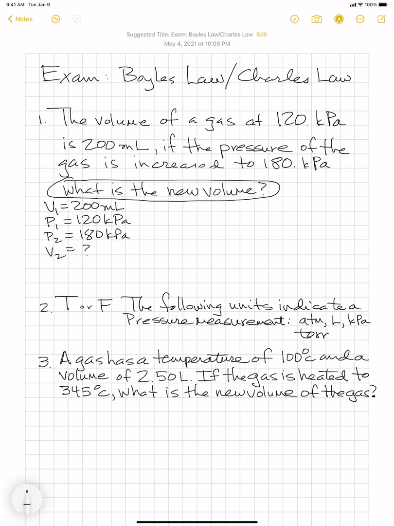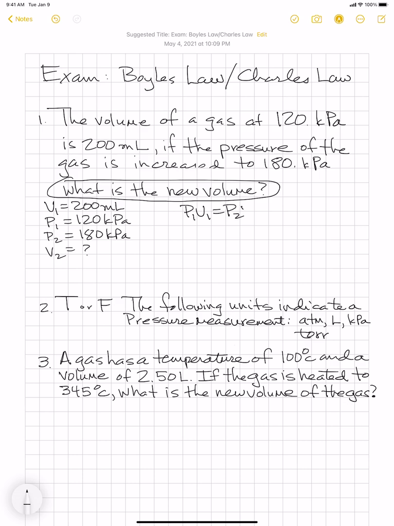Okay, so probably if you made a mistake on this one, it was by not putting the information in the correct place. What I mean by that is you have to understand that milliliters is a volume unit and kilopascal is a pressure unit. So make sure that you're up on those units and what they represent. From there, we just need to write out the formula, which is going to be Boyle's Law.